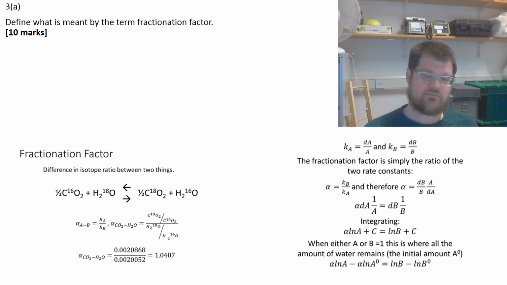This is particularly useful because in kinetic isotope fractionation we're often looking at things where we don't have all of the products or the reactants to compare, or we don't take the reaction to completion, so the ratio of isotopes in the product is changing through time, which makes it impractical to measure an absolute value.